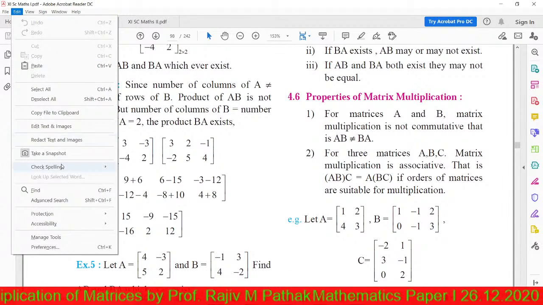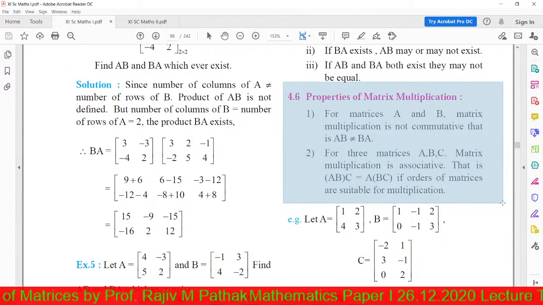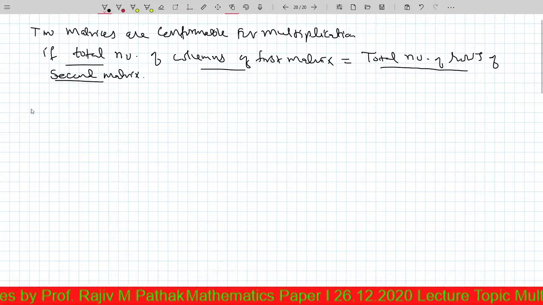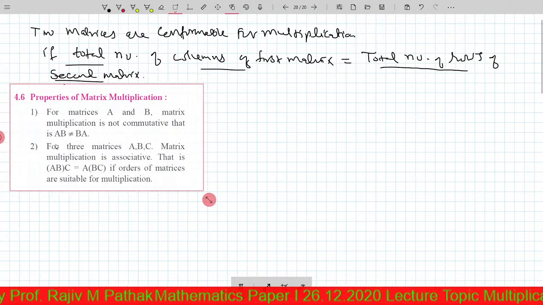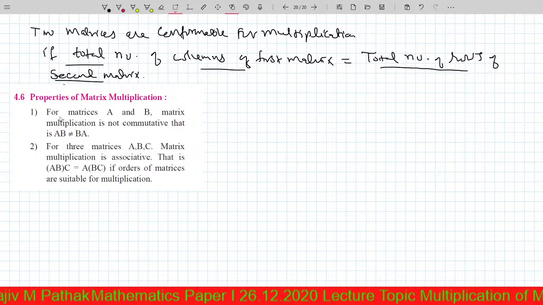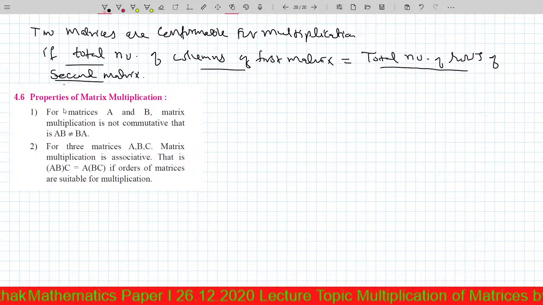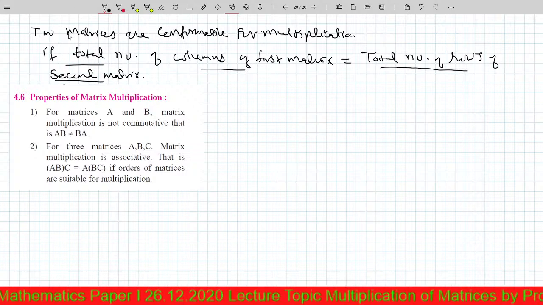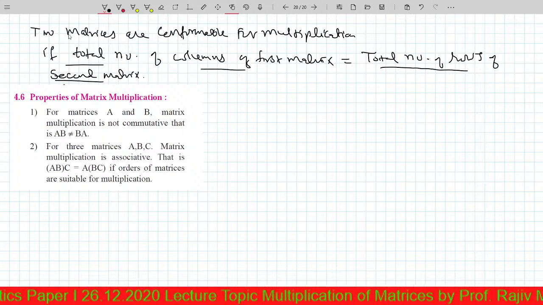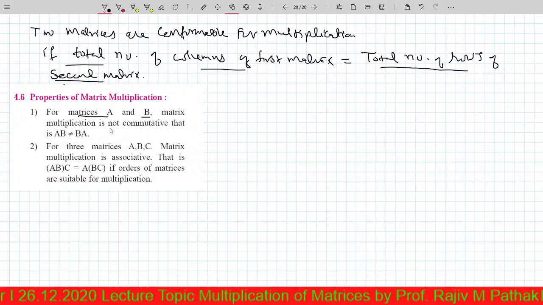The two very important properties of matrix multiplication are, first, for matrices A and B, matrix multiplication is not commutative.